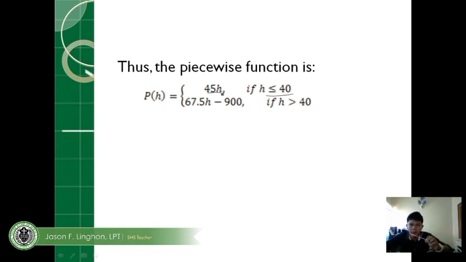Kita mo, equal or less than 40 lang yung hours na ginamit. Okay. Next, 67.5h minus 900 if h is greater than 40. So, kapag lumagpas ka na sa 40, ito na yung sweldo mo. Okay? 67.5h minus 900.